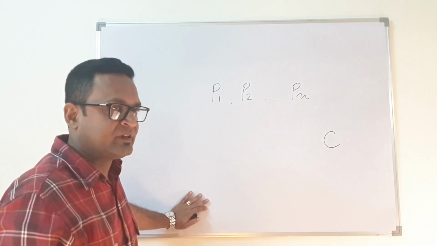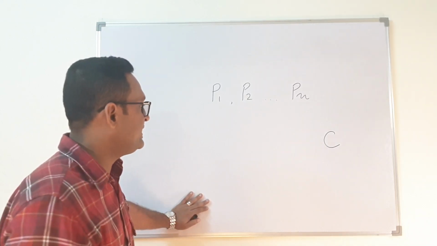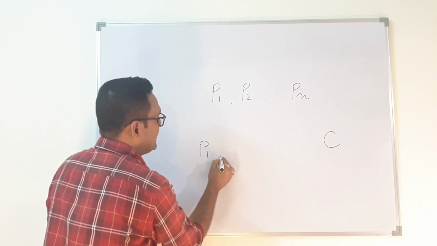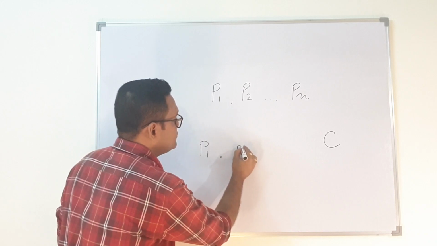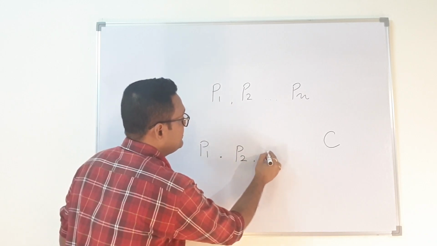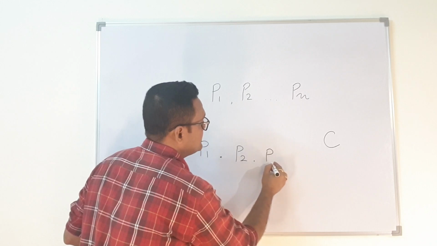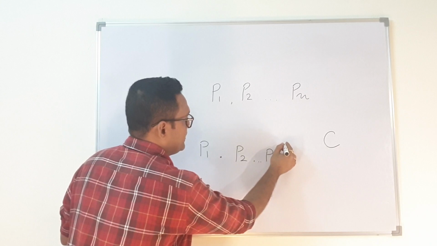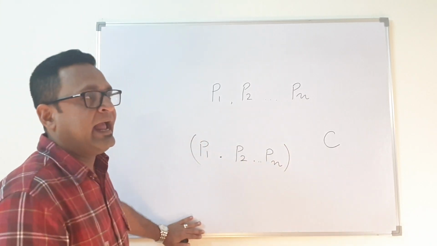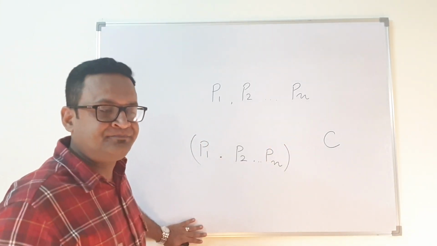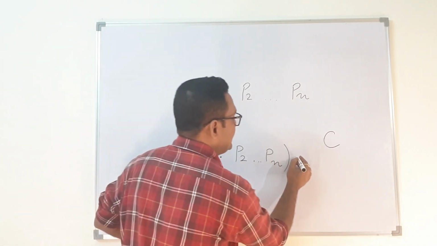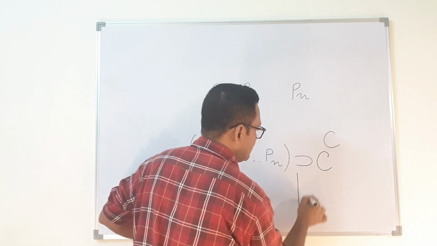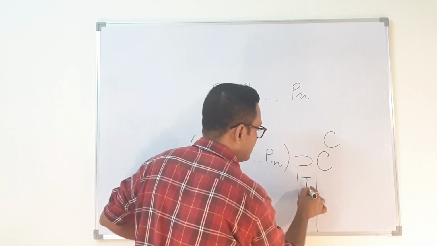This is the basic definition of validity: if you conjoin P1 and P2 and so on up to Pn, taking their conjunction, then put an implication and the conclusion after it, this whole value has to be a tautology.